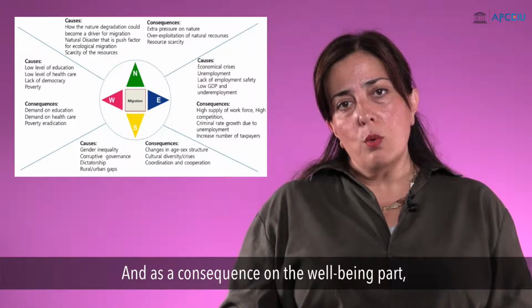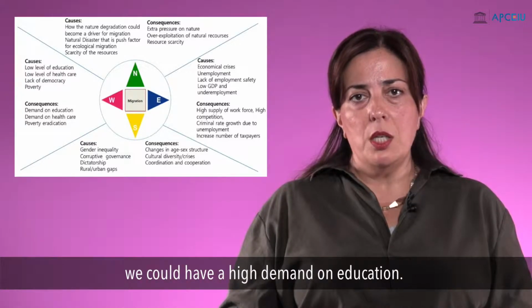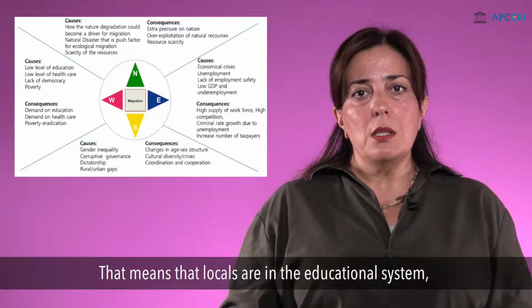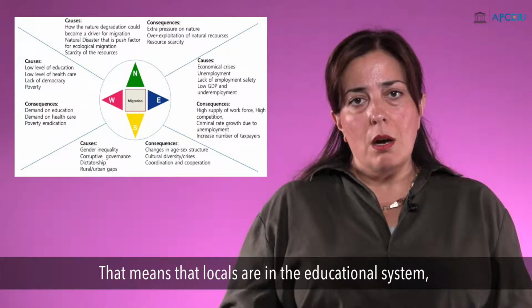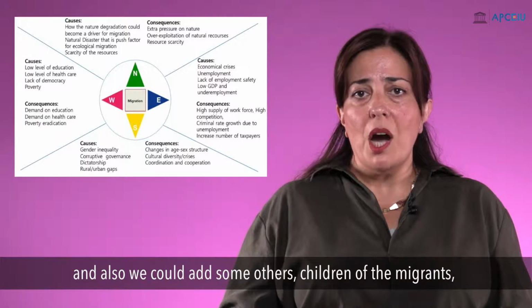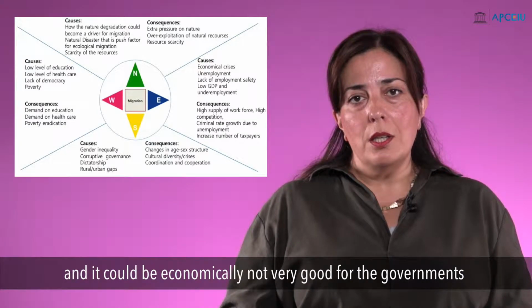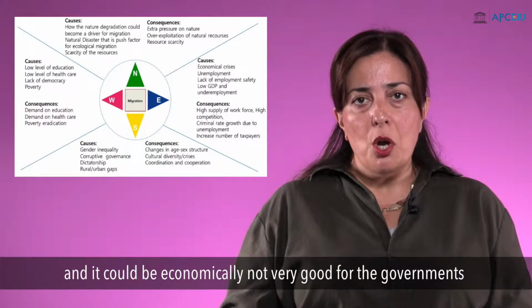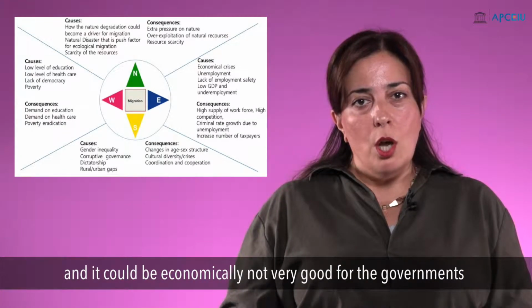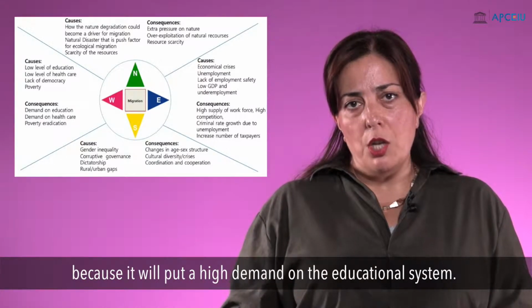And as a consequence, in the well-being part, we could have a high demand on education. That means that locals are in the educational system, and we could also add the children of the migrants, and it could be economically not very good for the governments, because it will put high demand on the educational system.